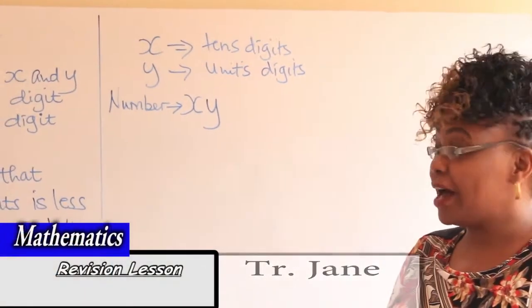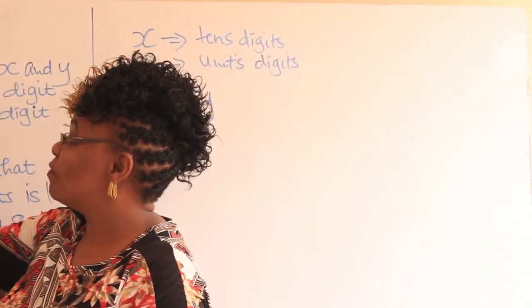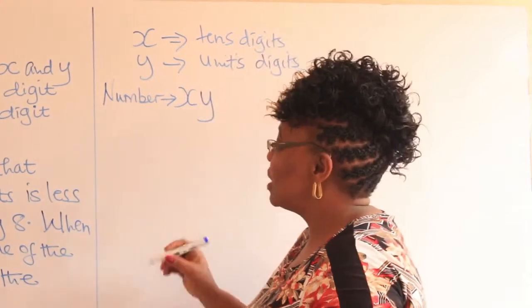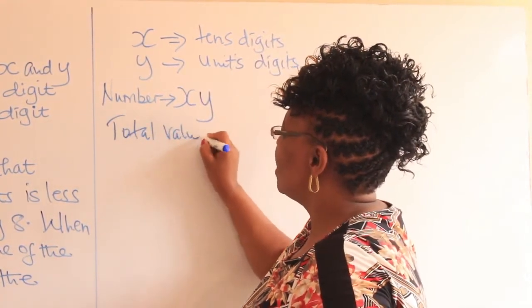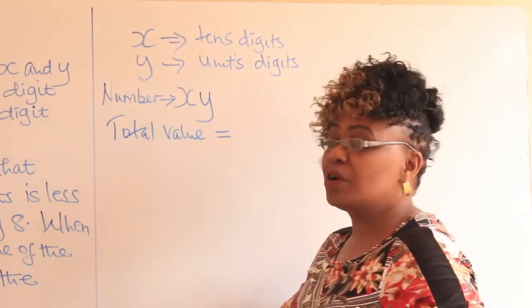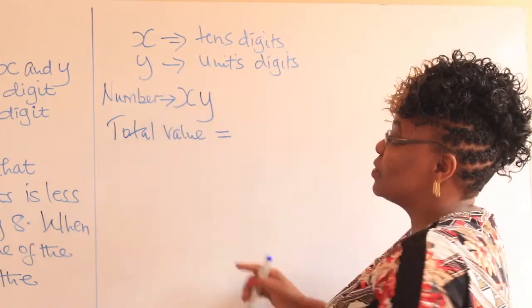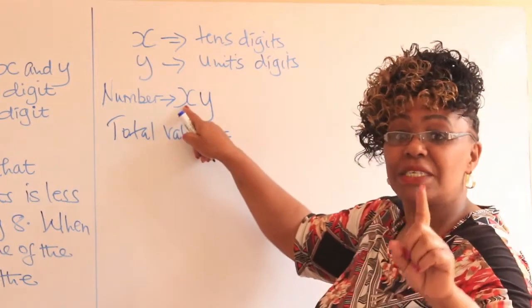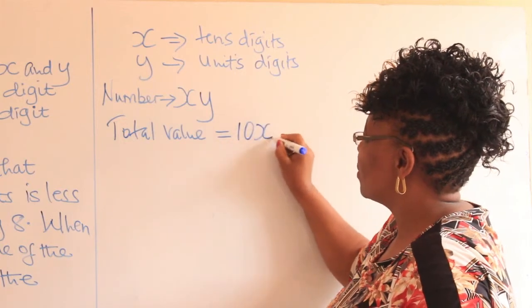Then from there, we are told to write down the total value. How do you write the total value of this, given the place value? X is the tens digit, and therefore we say x times 10. X times 10 gives us 10x.